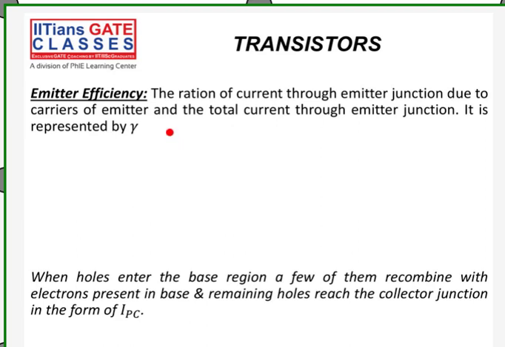It means gamma is equal to the current through the emitter junction due to the carriers of emitter. Carriers of emitter are holes. So IPE, divided by the total current through emitter junction, that is IE. IPE divided by IE. So this is for PNP.